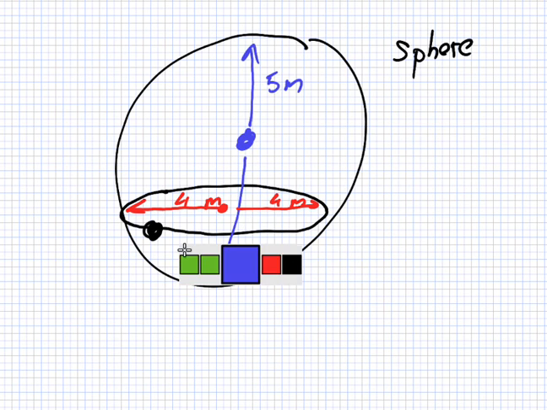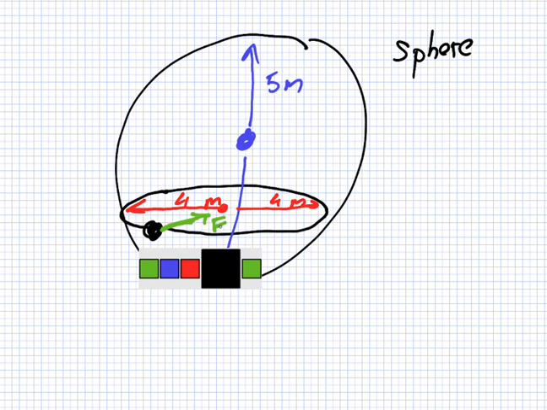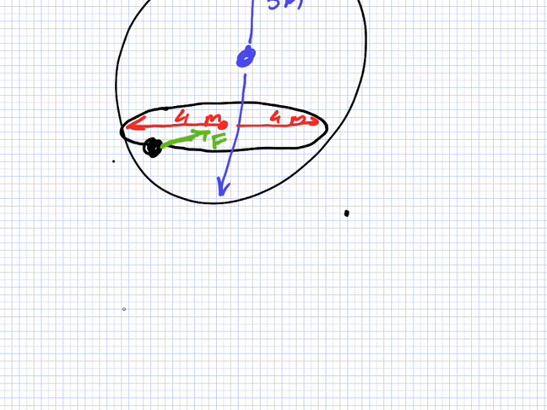So here there's a force going towards the center, which I call F. Let me draw the picture here. If you look at it like this, from the side, this here is 5.